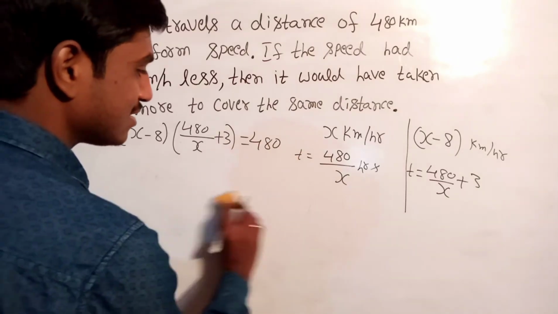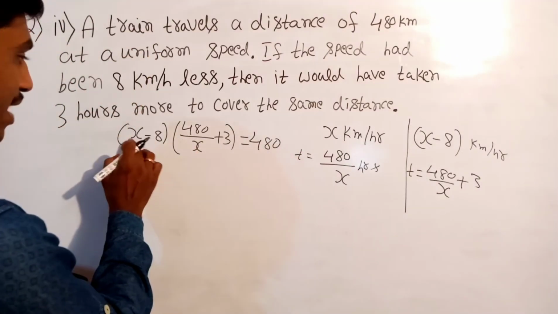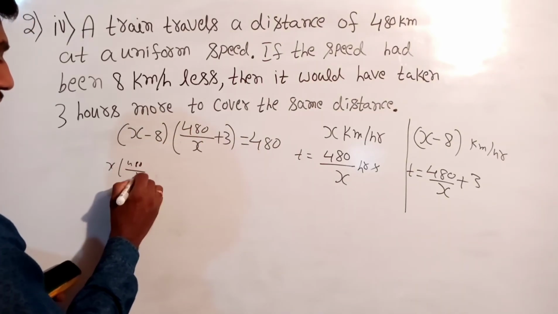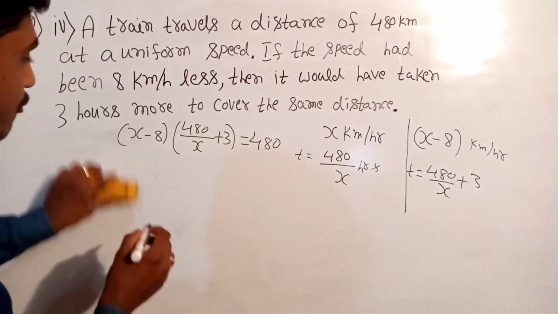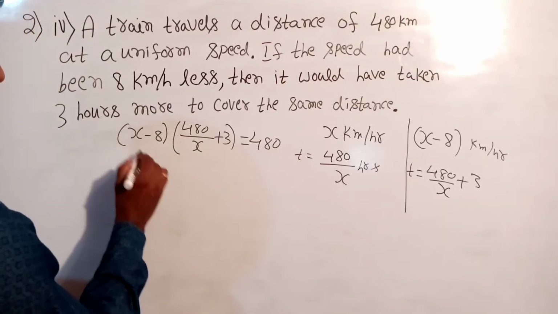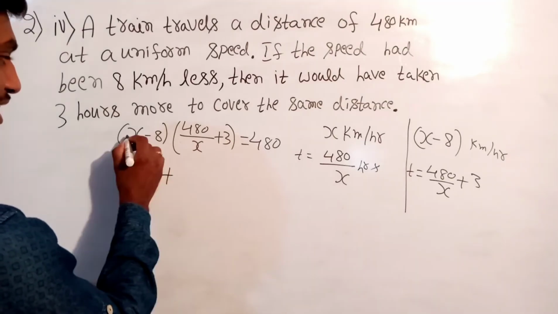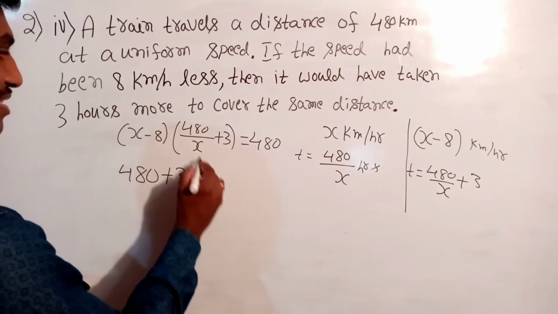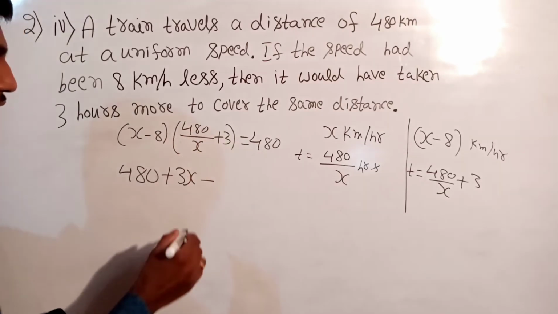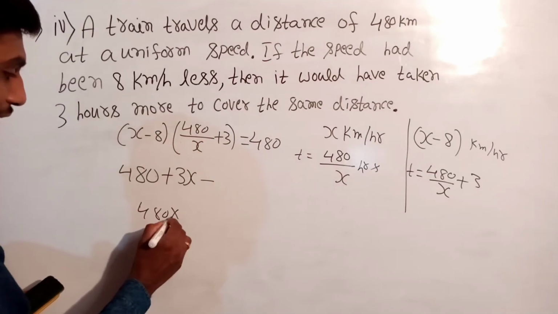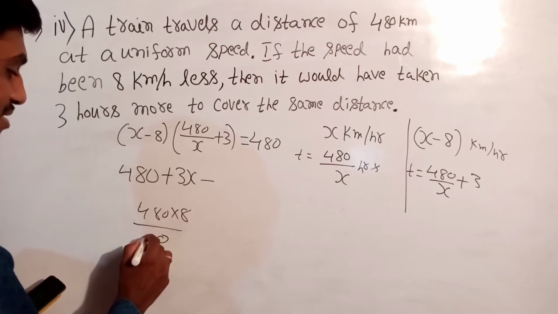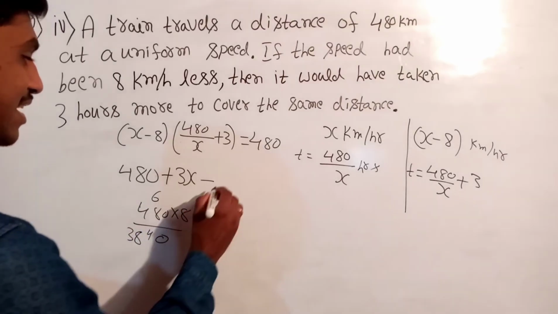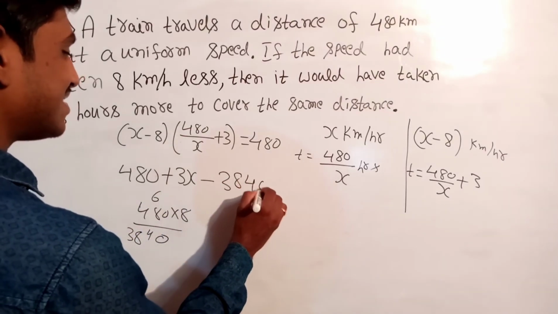So when we solve this, x into 480 by x gets cancelled, so we will remain with only 480. So 480 plus, plus into plus is plus, 3 into x is 3x, again plus into minus is minus, 480 into 8 by x, so 480 into 8, 8 zeros are 0, 8 8s are 64, carry 6, 4 8s are 32, plus 6 is 38, we will get 3840.